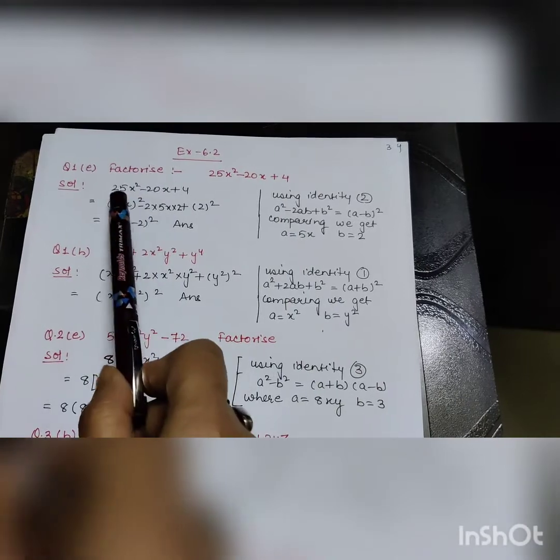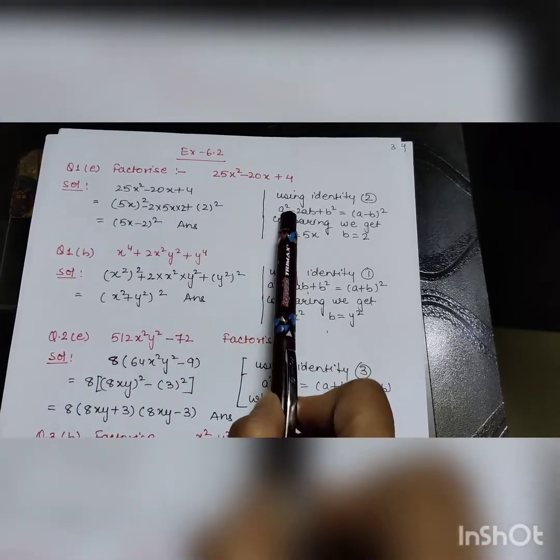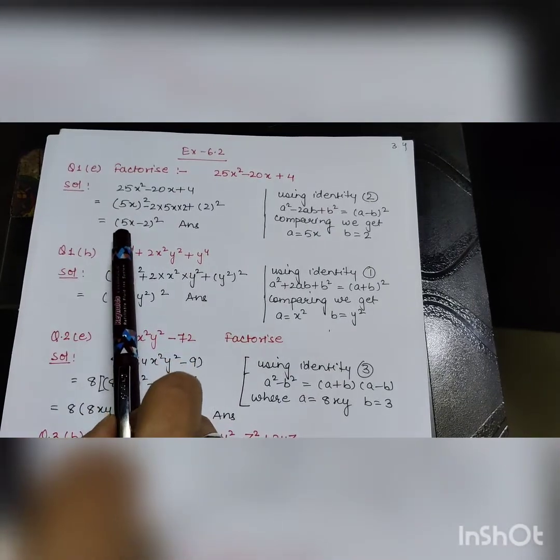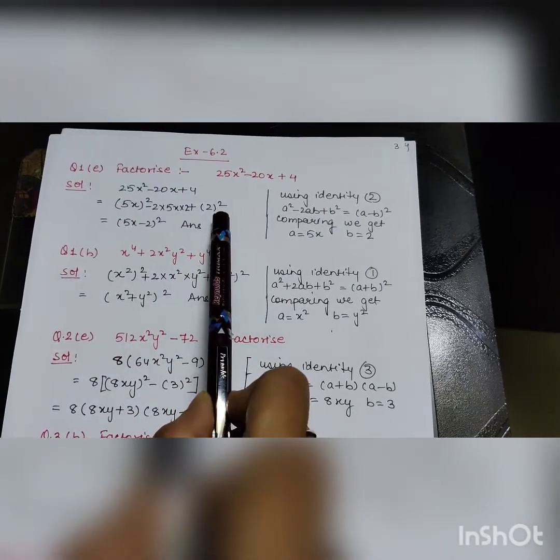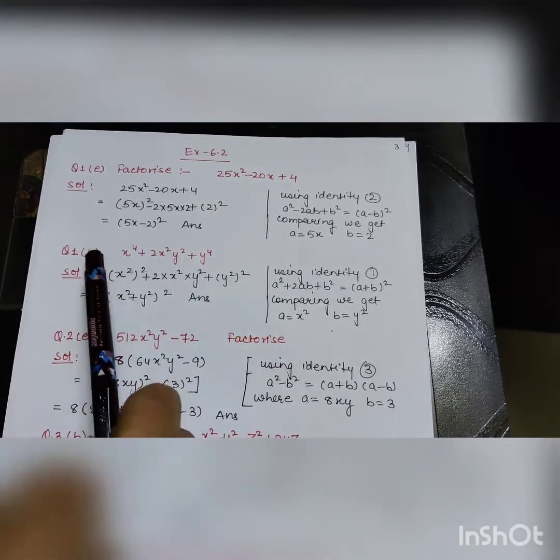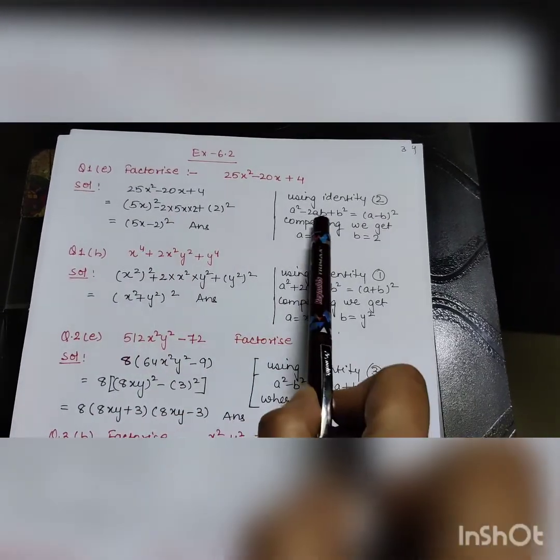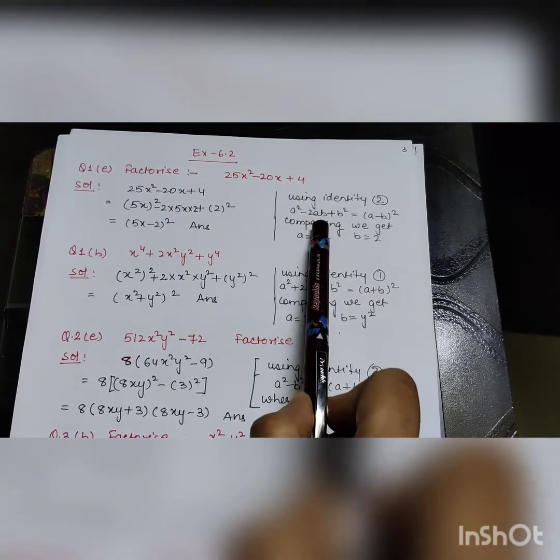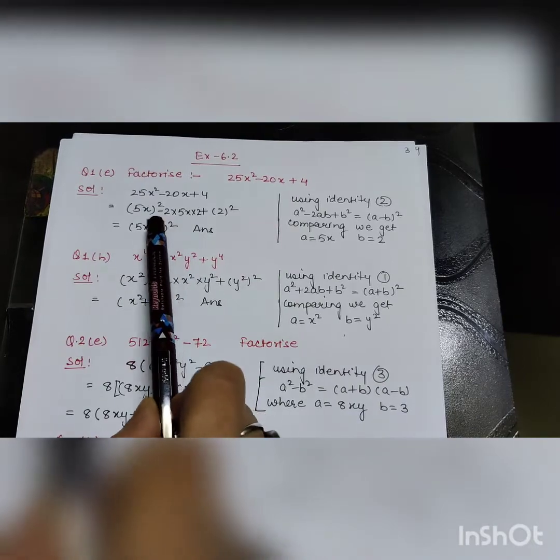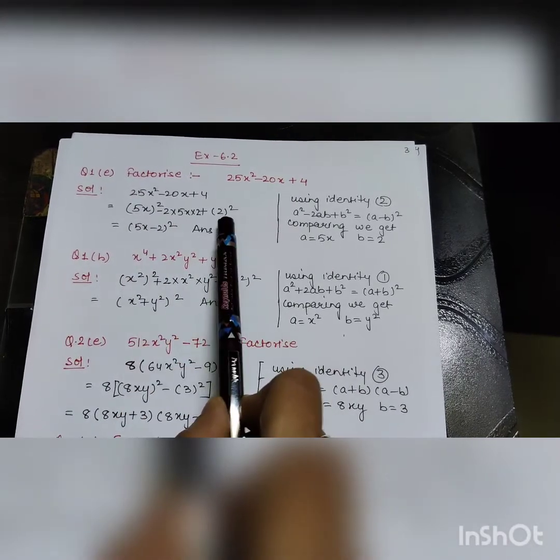Now we are going to make 25x square in the form of a square and 4 in the form of b square. So 25x square can be written as 5x whole square and 4 can be written as 2 whole square. And the middle term minus 20x can be written as minus 2ab. So how can we write it as 2ab? a is 5x and b is 2 here.